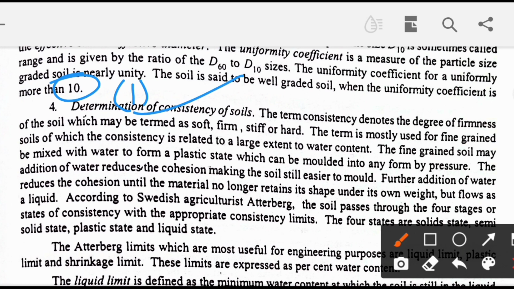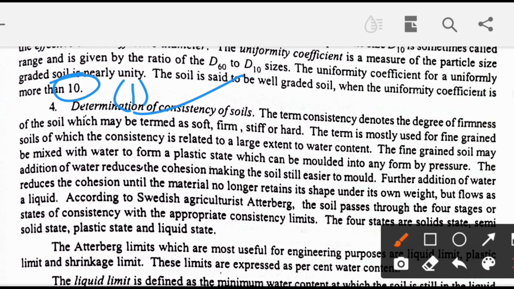The term is mostly used for fine-grained soils of which the consistency is related to a large extent to water content. The fine-grained soil may be mixed with water to form a plastic state, which can be molded into any form by pressure.